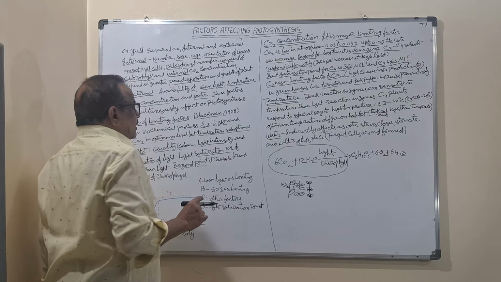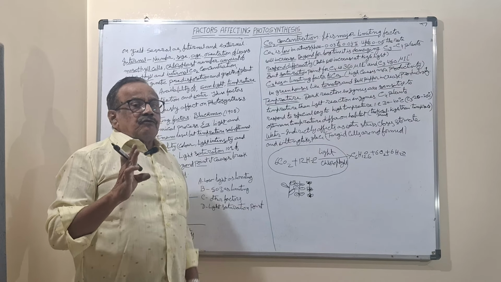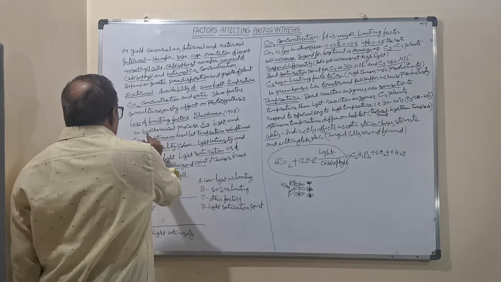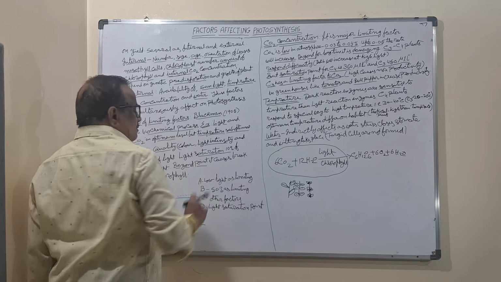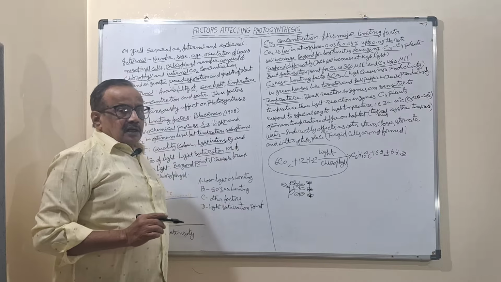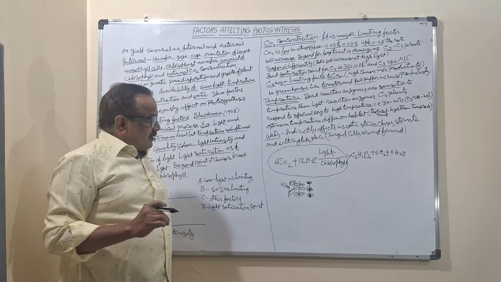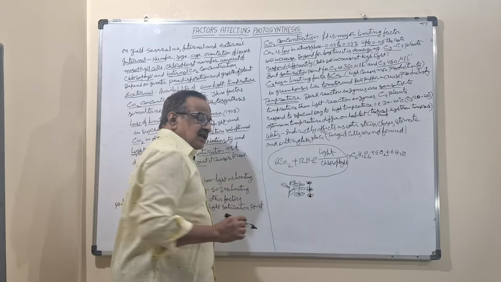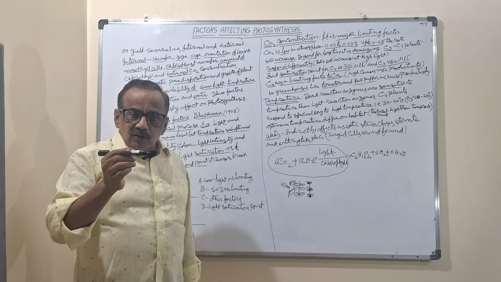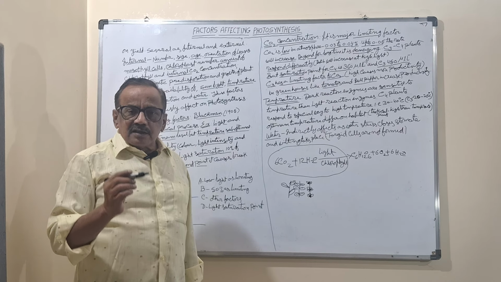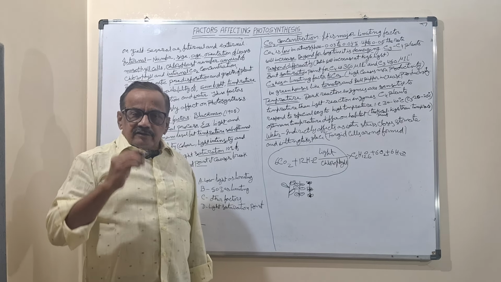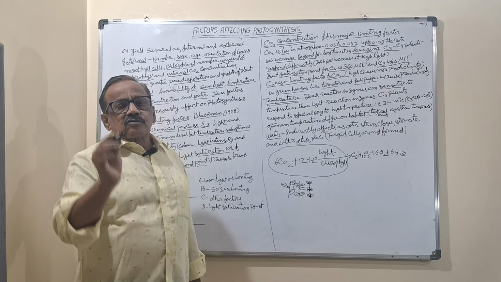So here, when more than two factors are present in a biochemical process, the one factor which is below the suboptimal level, just below the optimum level, will decide the rate of photosynthesis.